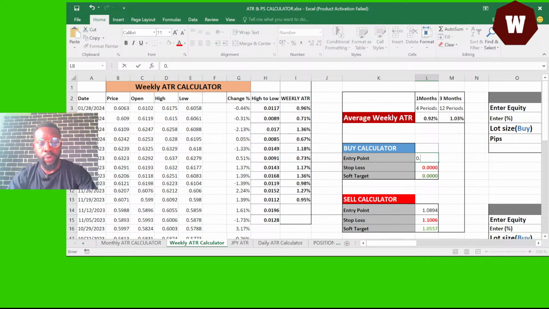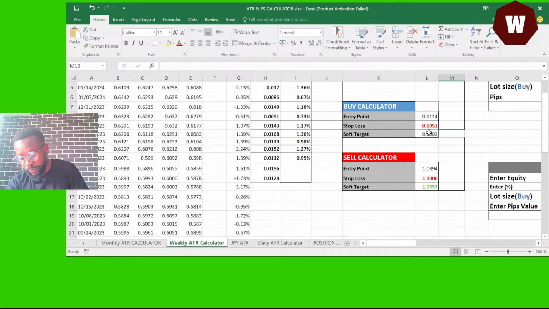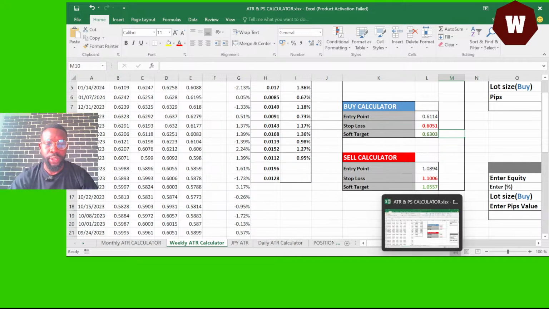So the stop loss is going to be at 0.6051, while our take profit is going to be at 0.6303. Risk reward ratio of 1:3.